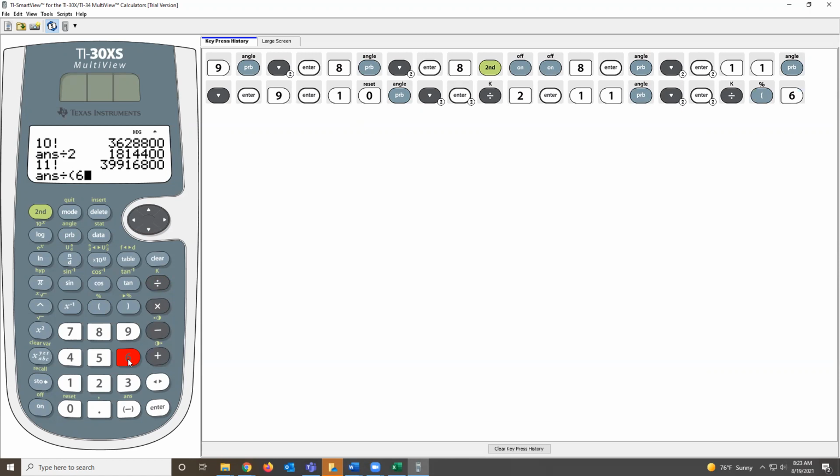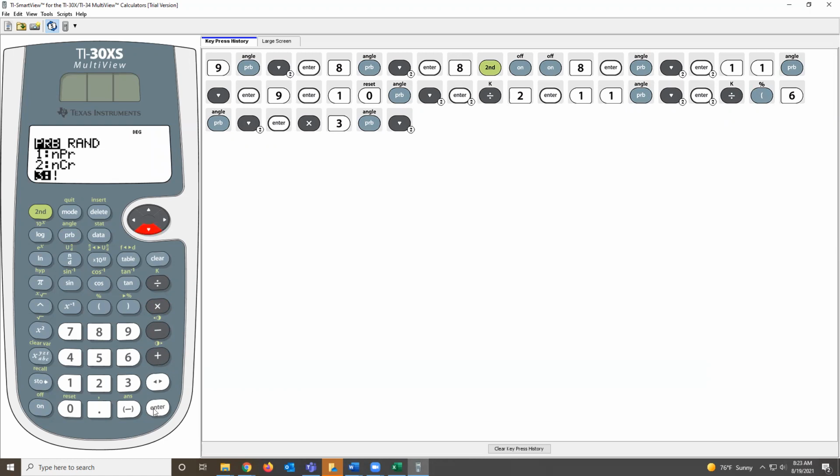So we had 6 factorial, so 6 PRB factorial times, we can even use multiplication, times 3 factorial, 3 PRB, times 2 factorial, and since I already know 2 factorial is 2, I'll just write a 2 here and enter. 4620.